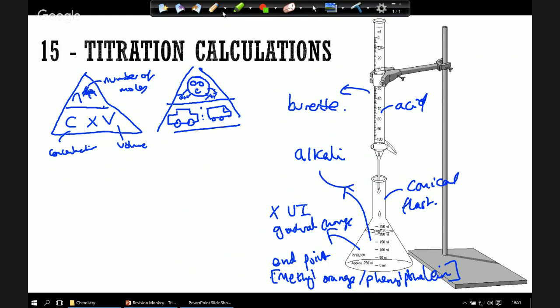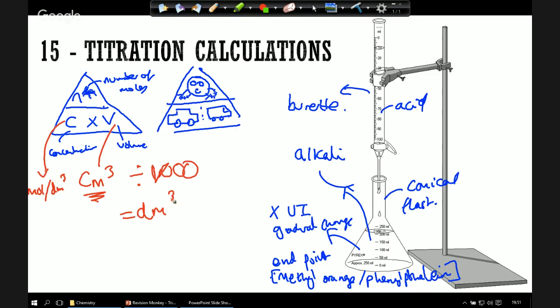So the one thing that we need to watch out for, the one red herring in this question, is the volume they normally give in centimeters cubed, but the concentration they give in moles per decimeter cubed. So when you get that centimeter cubed, what you need to do is divide by 1000. Okay, so centimeters cubed divided by 1000 will give us the volume in decimeters cubed.